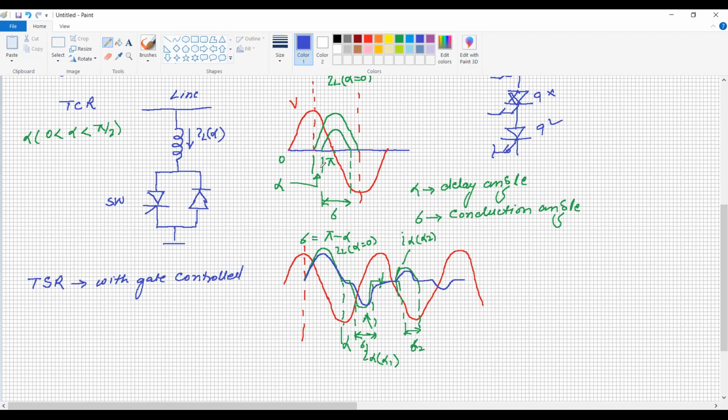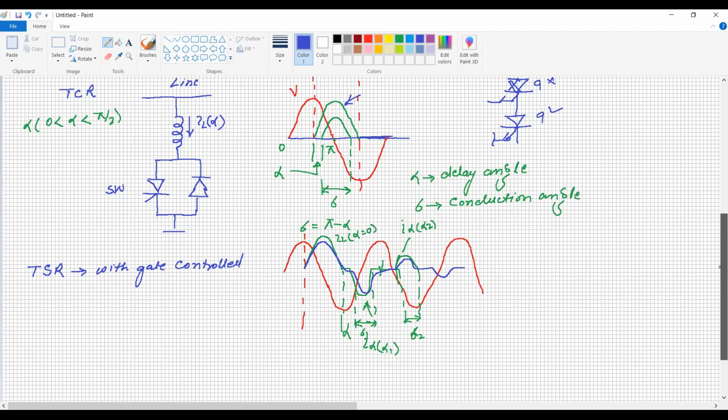Either we get this value, or we get the zero value in the current. So simply without any gate control, it becomes a thyristor switch, isn't it? Now, how to examine it?